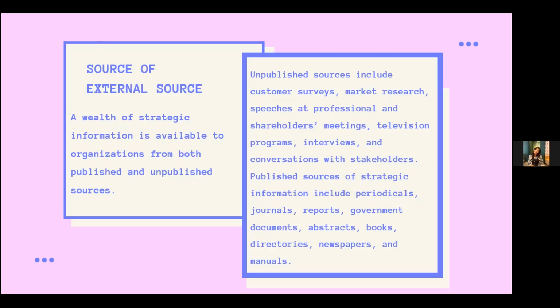The unpublished sources include customer surveys, market research, speeches at professional and shareholder meetings, television programs, interviews, and conversations with stakeholders and so on. The published sources of strategic information include video calls, journals, reports, government documents, abstract books, directory lists, newspapers, and also manuals. Next slide.